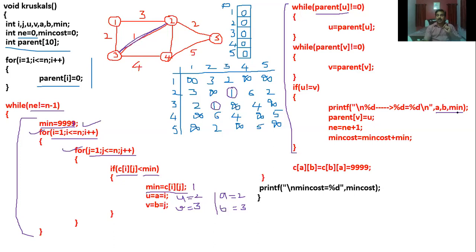Okay, and next, now these 2, 3 become one set, correct? And parent of 3 is going to be 2. That means for a higher index value, the lower index vertex is going to be the parent. So for parent of 3, V is 3, U will be the parent. That means parent of 3 is going to be 2.